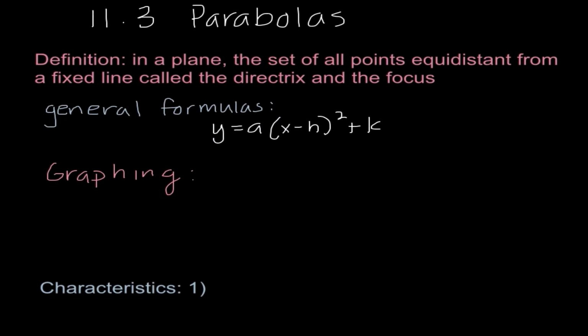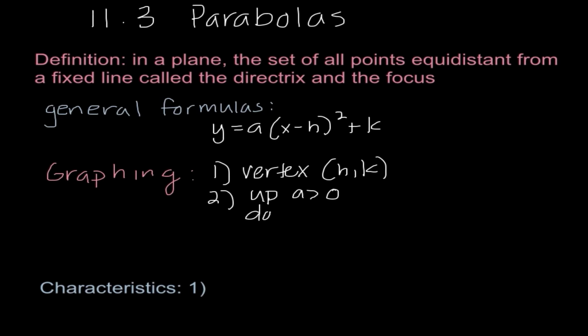This general formula of y equals a times x minus h squared plus k should look pretty familiar to you. When we're graphing, we found our vertex by doing (h, k). We said it was up if a was greater than 0, and down if a was less than 0. It was fatty if the absolute value of a was less than 1. Remember, fatty fraction.